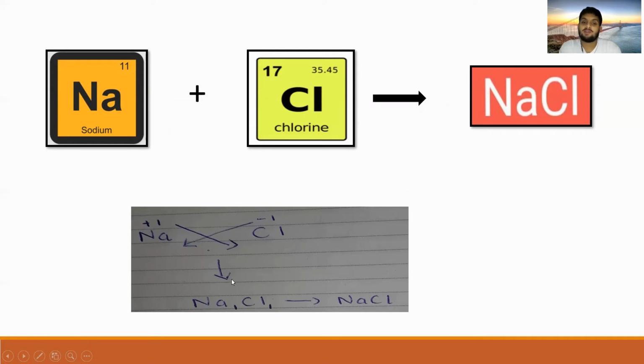So when they exchange, it will look like this: Na1 Cl1. But we normally don't indicate that 1. We don't indicate the number 1 when we are writing any product which has a 1.